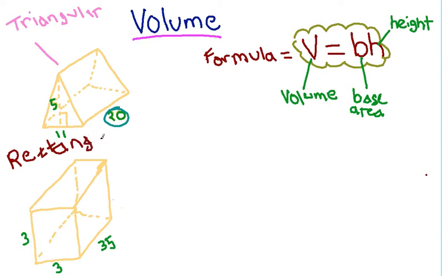Rectangular. And as the name says, the base of this is a rectangle. Well, all the sides of this prism are rectangles. So which one's the base? Well, you can pick anything for the base.